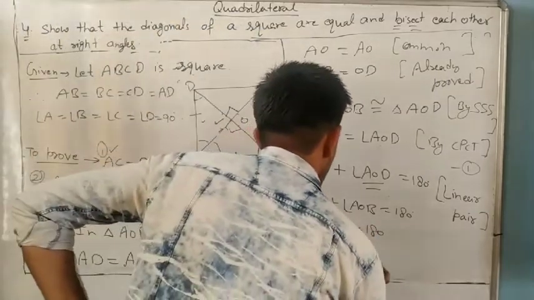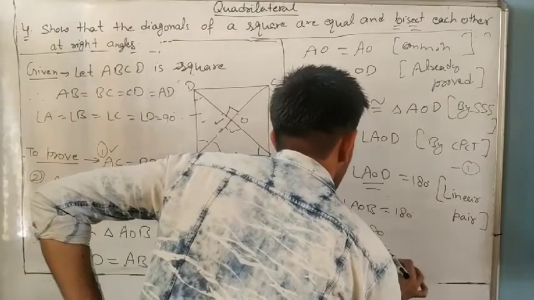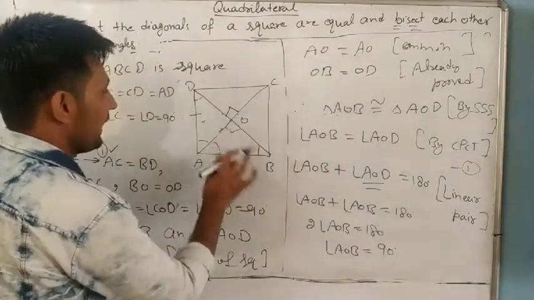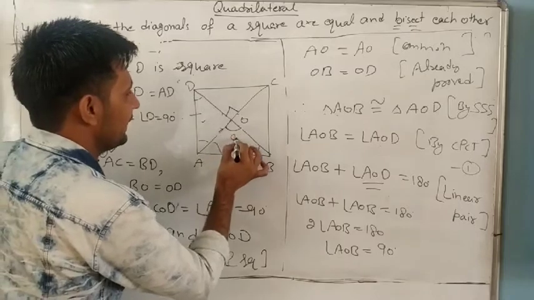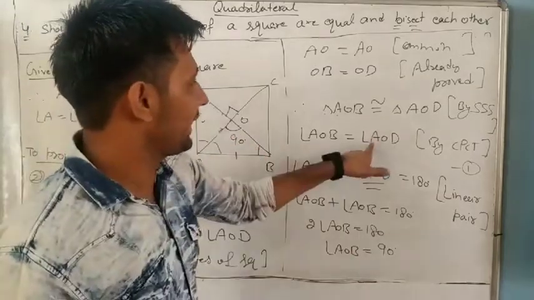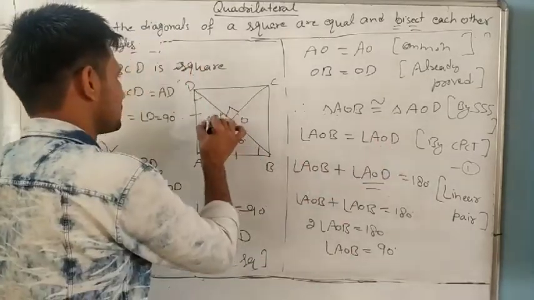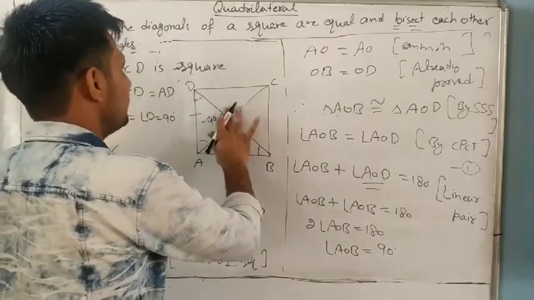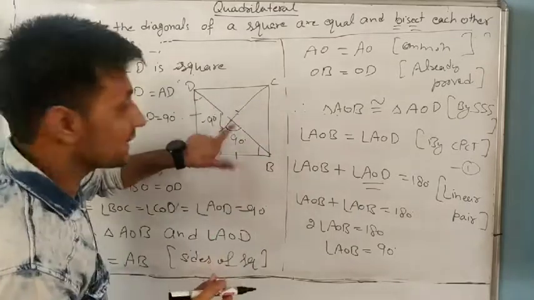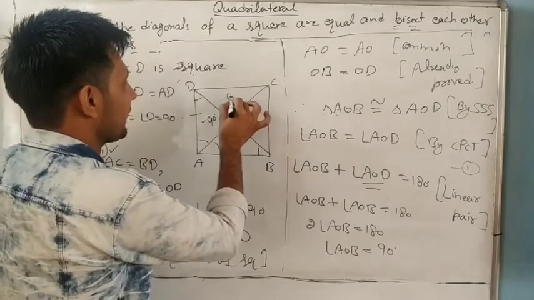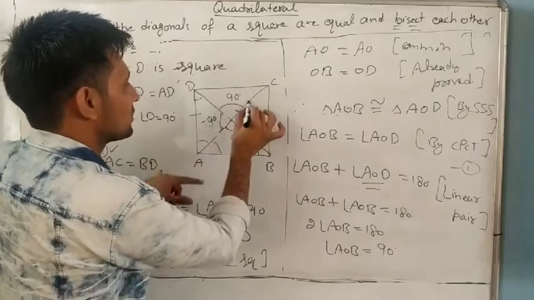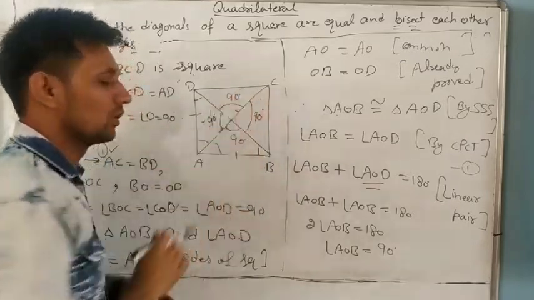So angle AOB is what? 90 degrees. So if AOB is 90 degrees and AOB and AOD are equal, it means AOD is also 90 degrees. And we know this angle and this angle are vertically opposite angles, so it is also 90. And these are also vertically opposite angles, so it is also 90.